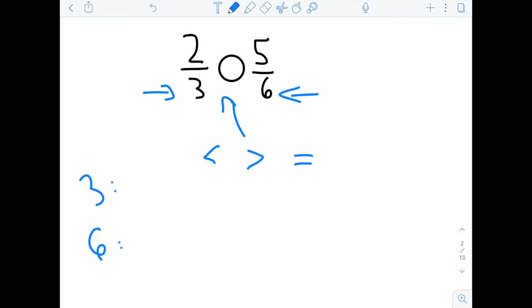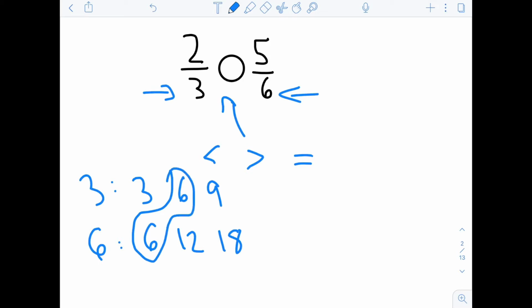So let's write out the multiples of 3 and 6. For 3, there's 3, 6, 9, and so on. And for 6, there's 6, 12, 18. And as you can see, the lowest common denominator is 6.